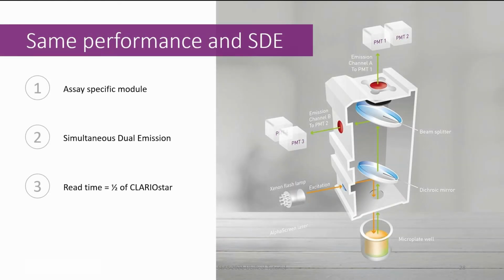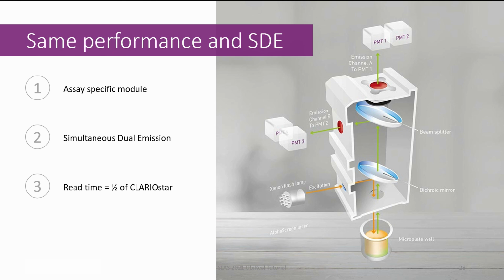So why would you choose the PHERAstar FSX or the CLARIOstar? Well, it really depends on your needs. The PHERAstar FSX is designed to be our high throughput screening instrument and therefore has the best sensitivity and the best speed. It can do this due to a number of different factors, but one of the major players is these assay-specific modules that are shown here, as well as the fact that it has matched dedicated PMTs.